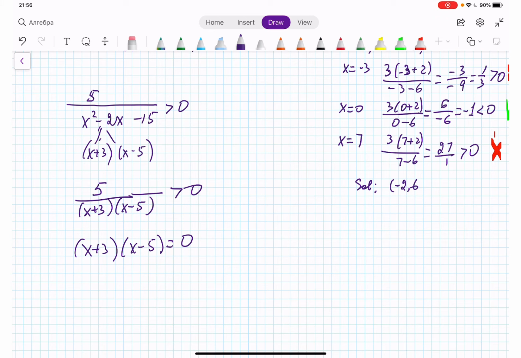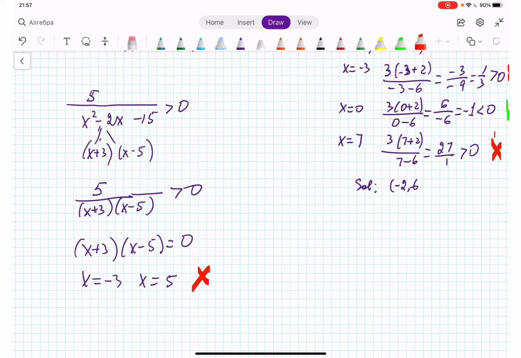So what's going to happen at x equal to negative 3 and x equal to positive 5, those become critical points, but they cannot be in the solution because at negative 3 or positive 5, the denominator becomes 0.